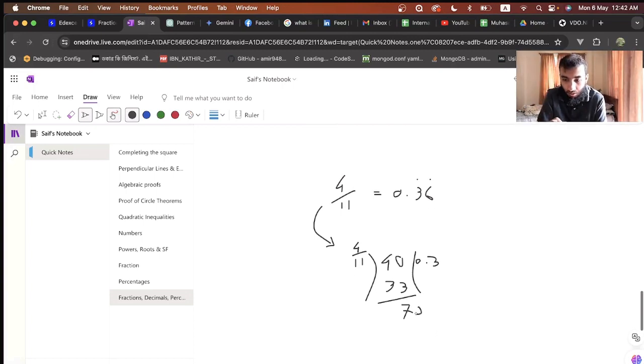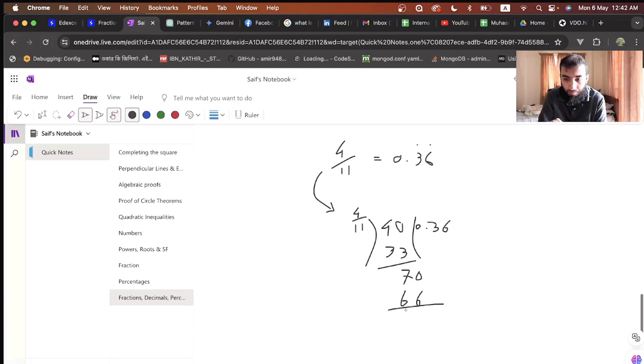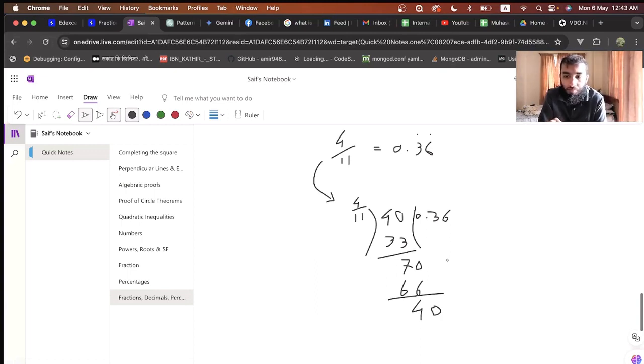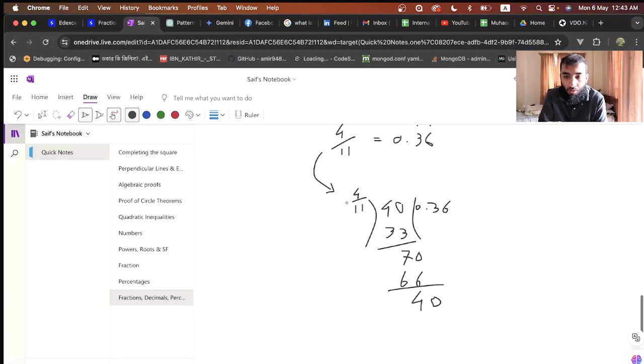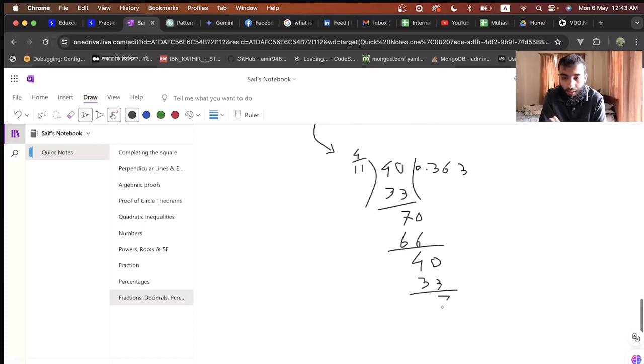So if I add an extra 0, now here 70, 11 6 is a 66, right? So 70 minus 66 is 4, and if I add another 0, 11 3 is a 33, and we get 7.